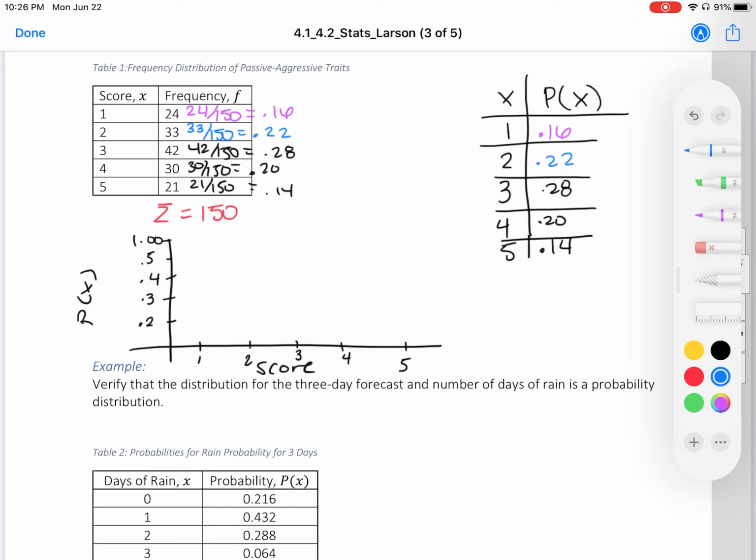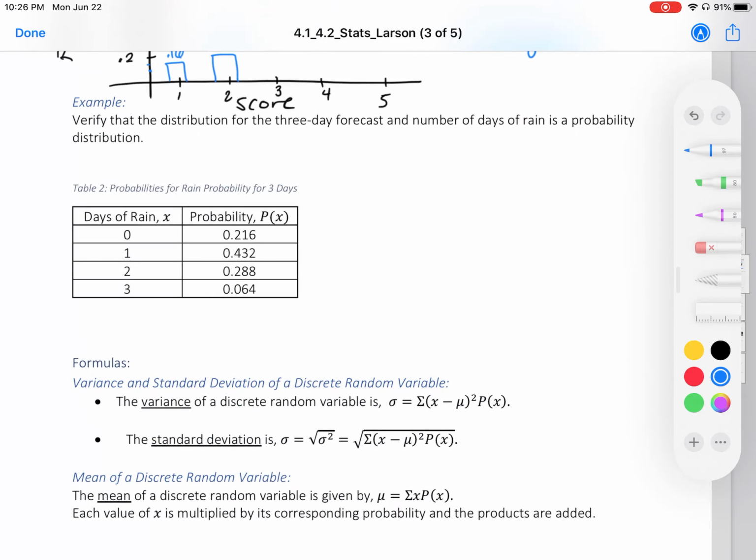For 1, we have 0.16, so a bit more than the halfway mark. For 2, we have 0.22, a bit more than 0.20. I think you get the idea. You can go ahead and finish your histogram. All right, that's that example.